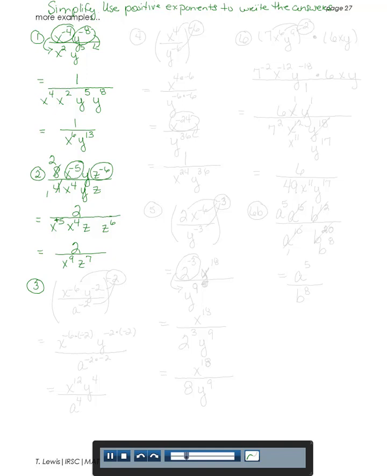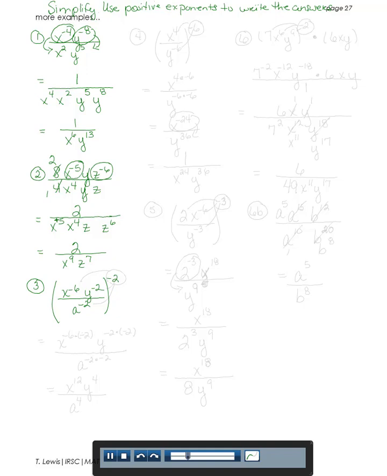Number 3. This is the quantity of x to the negative 6, y to the negative 2, all over a to the negative 2, and then all of that is being raised to the negative 2 power.